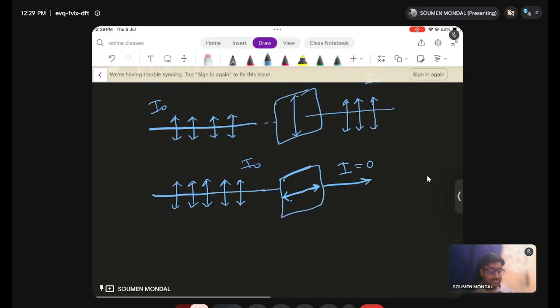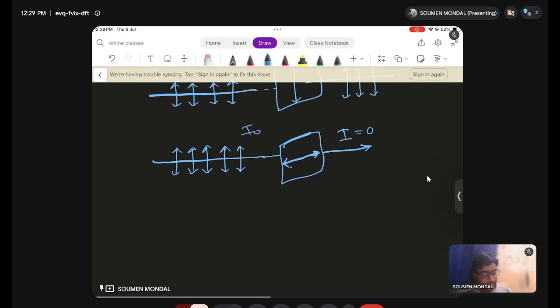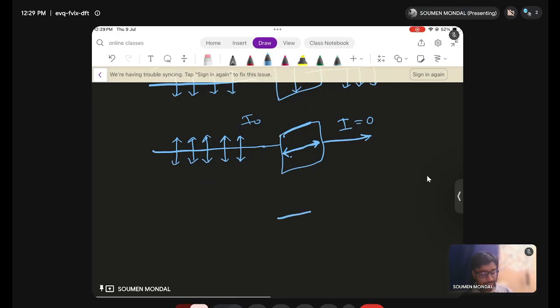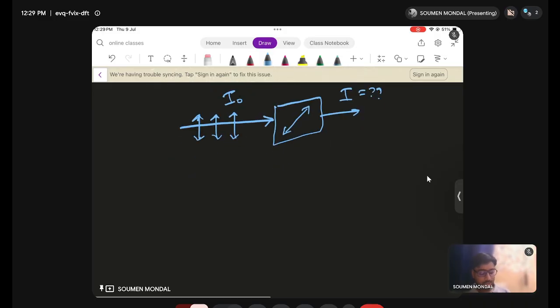Now the question coming to your mind is: if we rotate the polarizer, so that the angle of its polarization axis is arbitrary, say 45, 30 or 60 degrees, then what is the relation between the light entering, I naught, and the light coming out, I? That's where Malus's law comes into the picture.